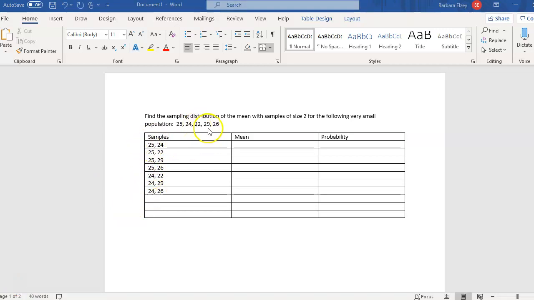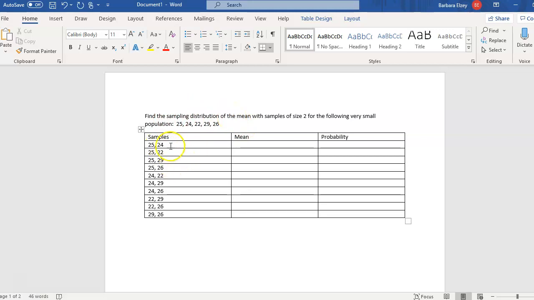We could have the 22 together with the 29, and the 22 together with the 26. And then lastly, I could have the 29 together with the 26. And that's all of the samples of size 2 that we could make from these 5 individuals in the population.